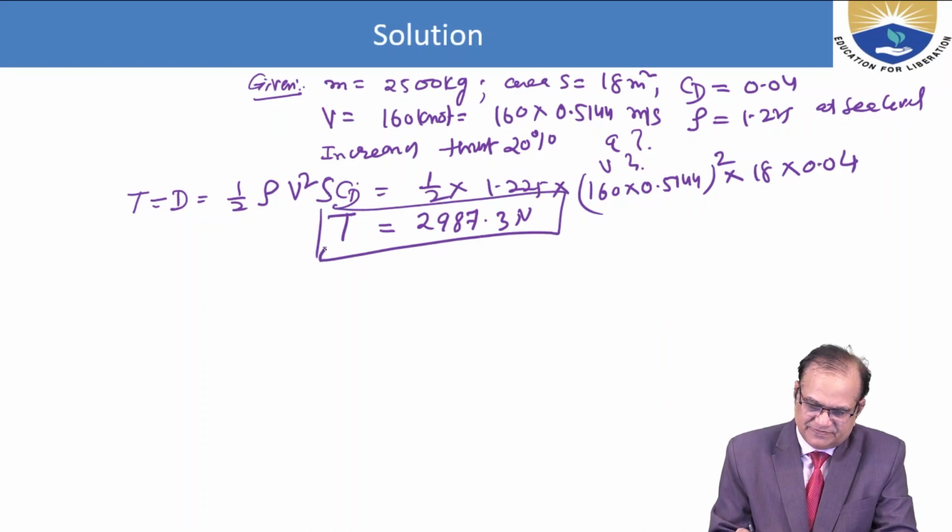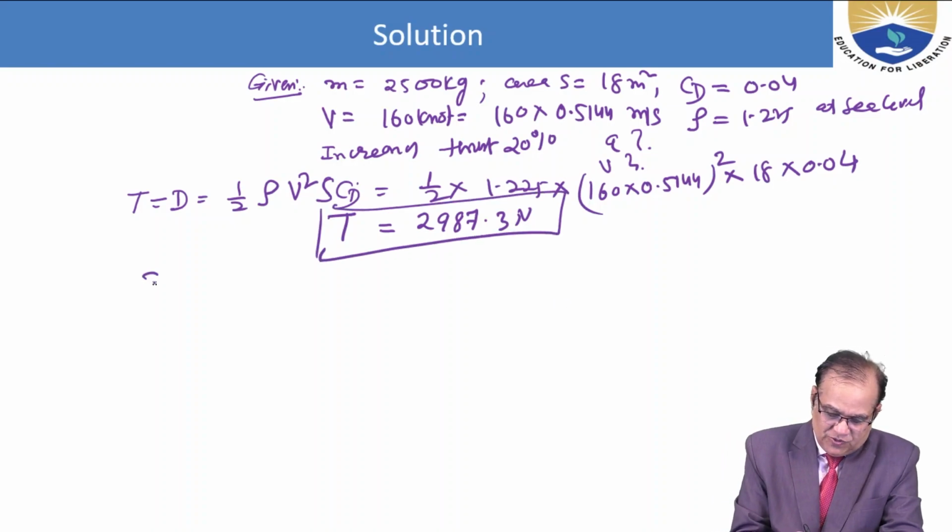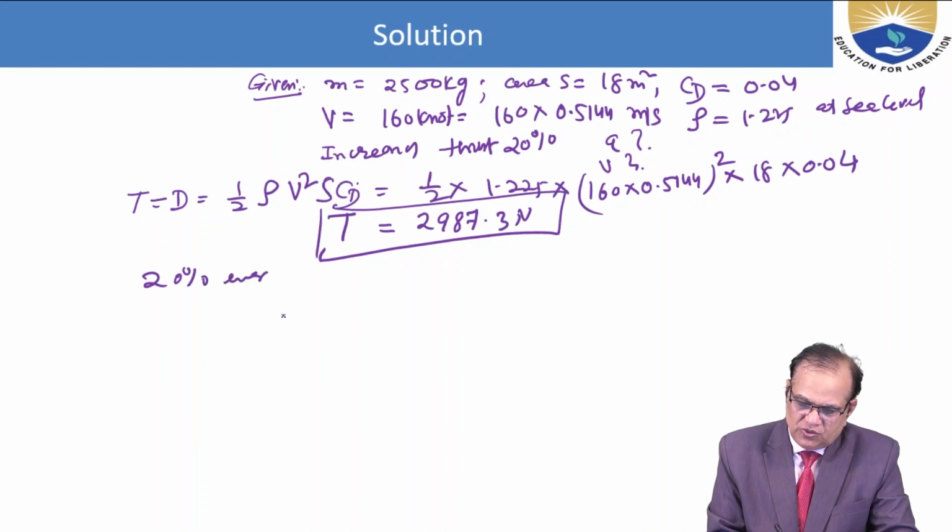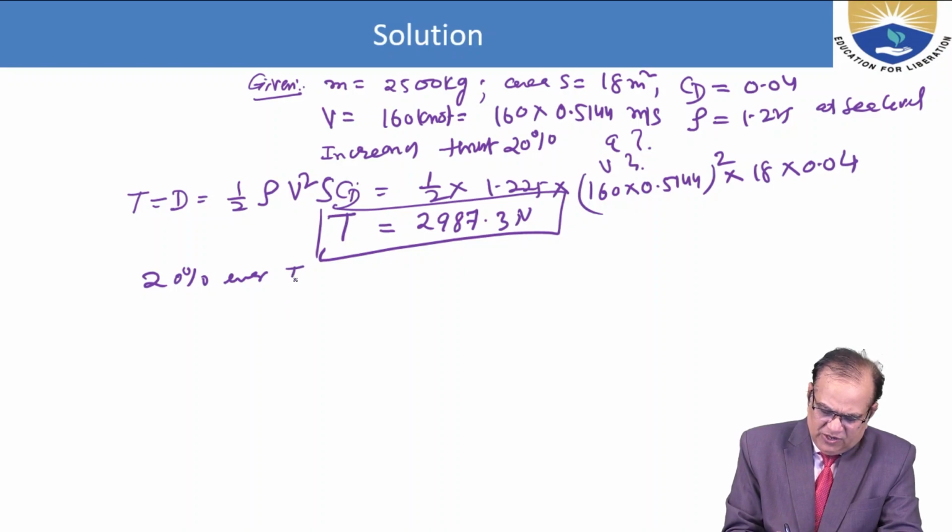Initially, it is like this. But in the problem, it is given 20% increase in thrust. So that now is T2.